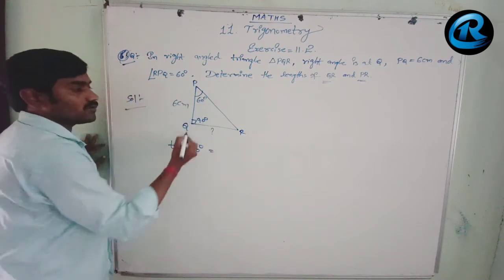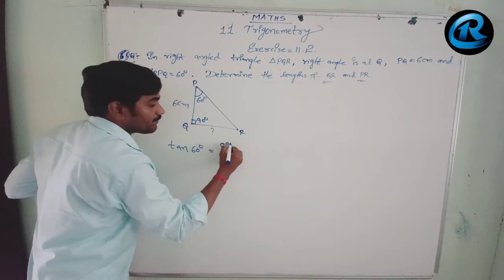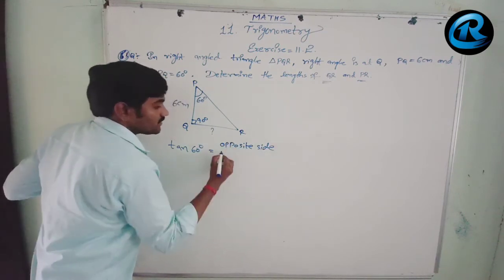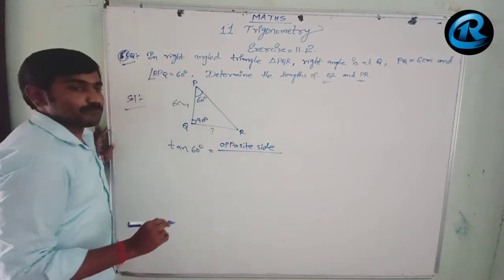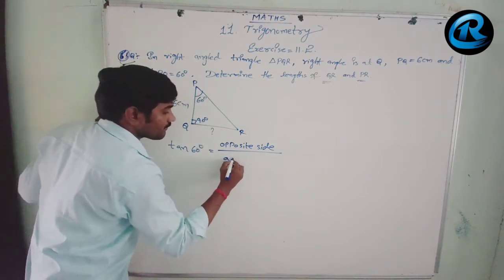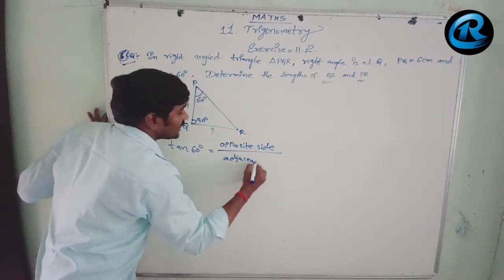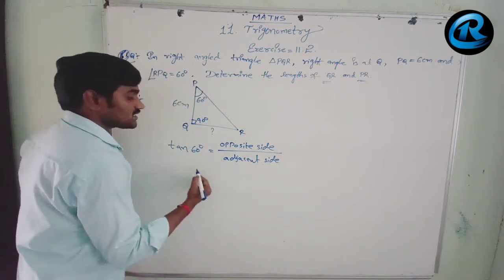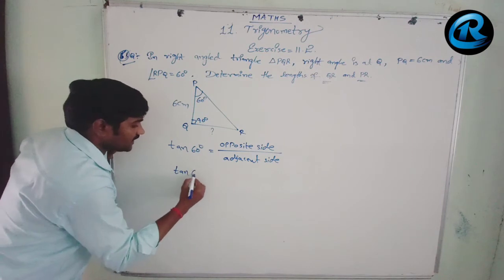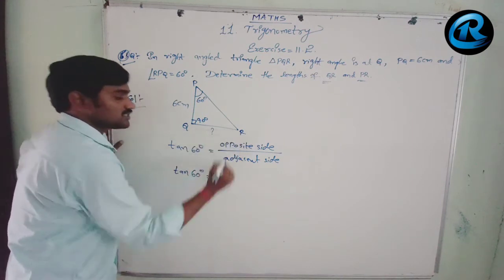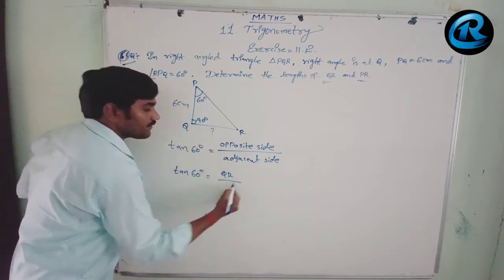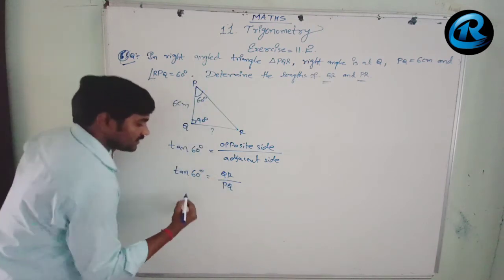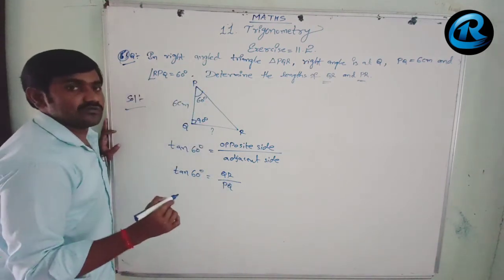Tan theta equals the opposite side to the angle P by the adjacent side. The opposite side is QR, and the adjacent side is PQ.